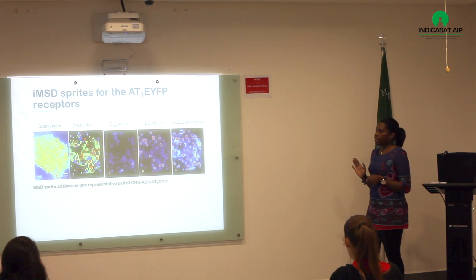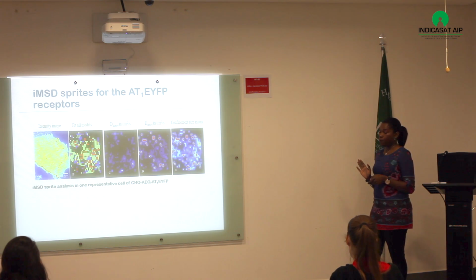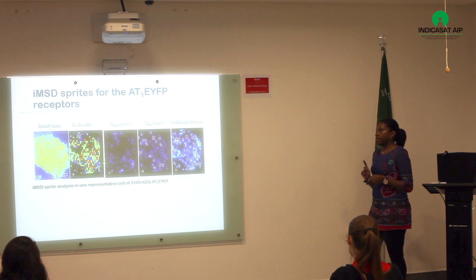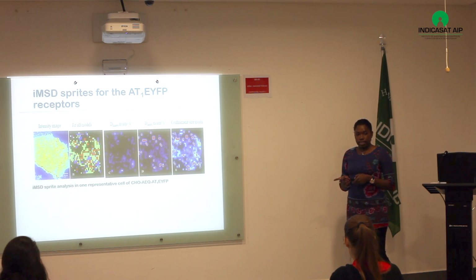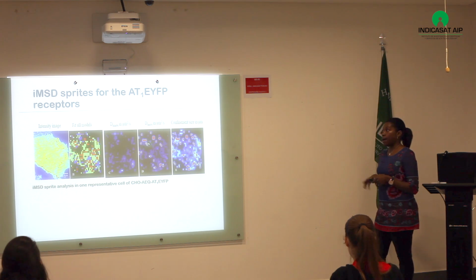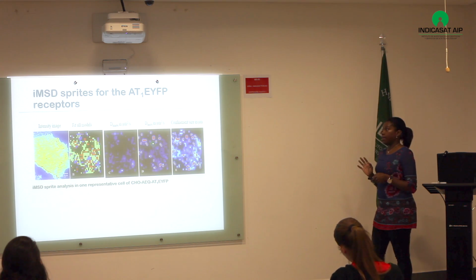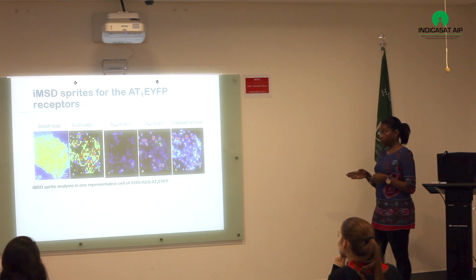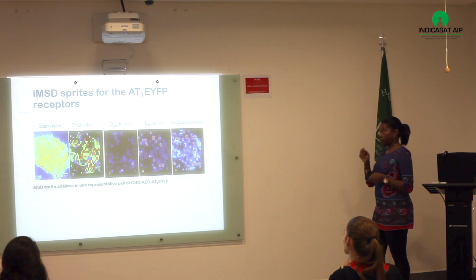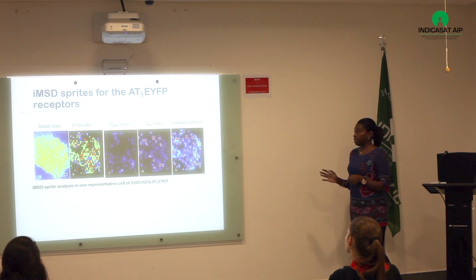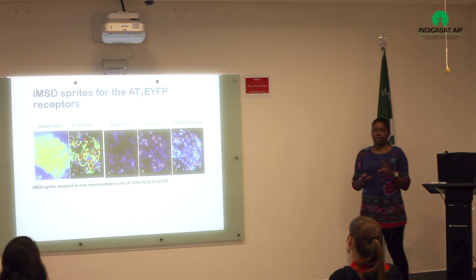In this case, we observed that the confined diffusion model, represented by the green color, is the predominant mode in these cells. Also, we have a map of the long-range diffusion, a map of the local diffusivity, and the confinement zone, the confinement area in which these receptors were moving.